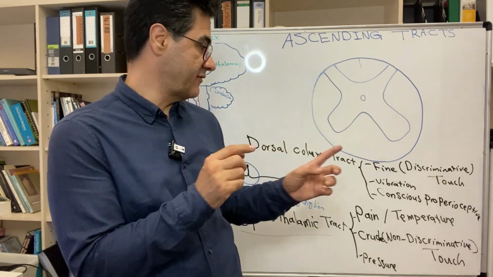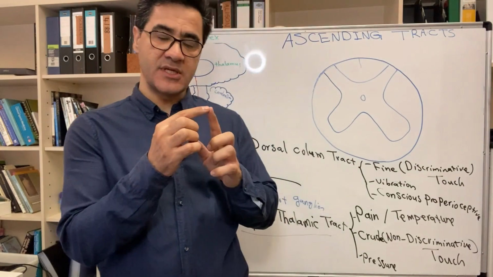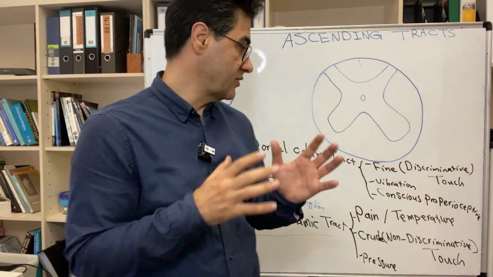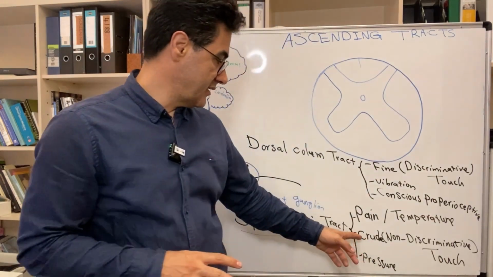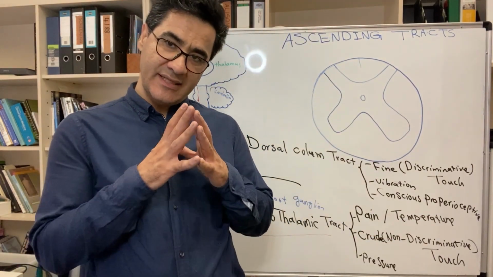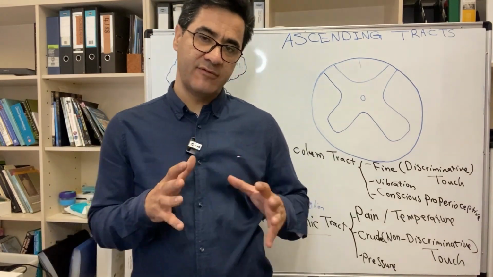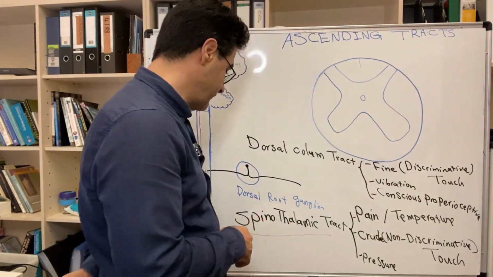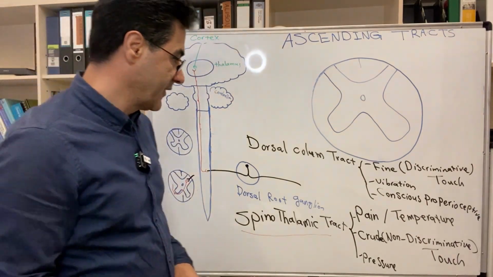We have lots of fine touch receptors at the tips of our fingers and in our lips. Whereas crude or non-discriminative touch is less precise. We have lots of crude touch receptors on the skin of our back.